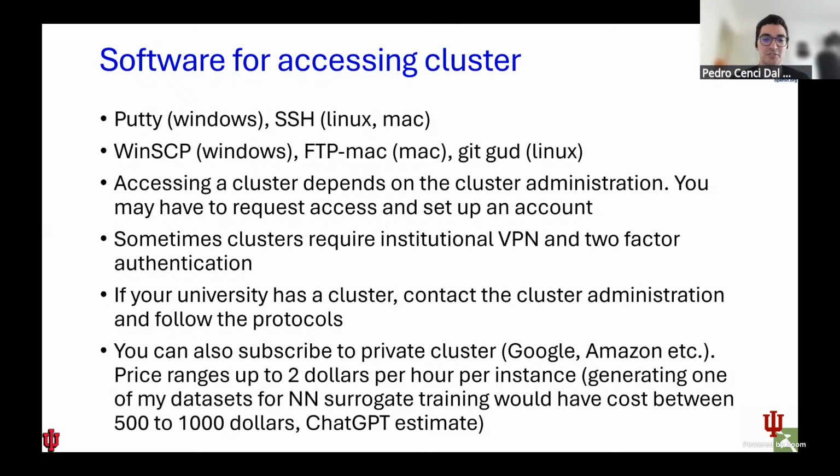ChatGPT told me it goes up to $2 per hour per instance. So one of the data sets I generated for neural network surrogate training would have cost between $500 and $1,000, which is not accessible for me, but depending on the relevance of your project, you have grants, and you can definitely pay for that.